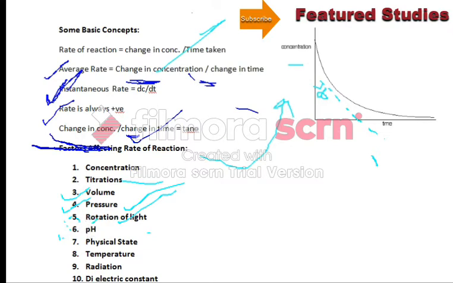Rotation of light. If you read isomerism, in the isomerism topic, there are two types of rotation: dextro rotation and laevo rotation.